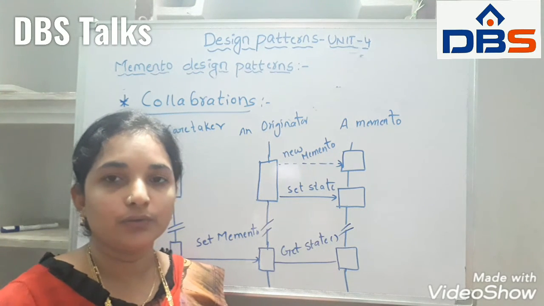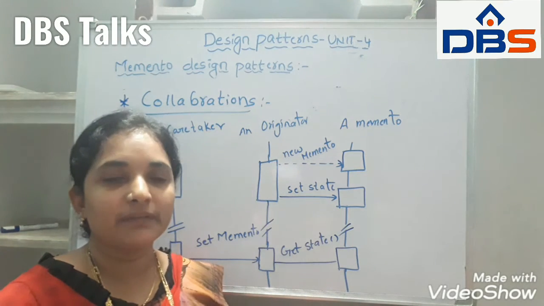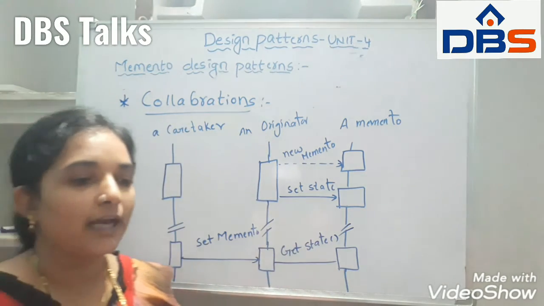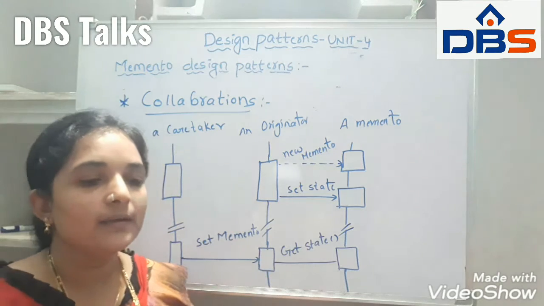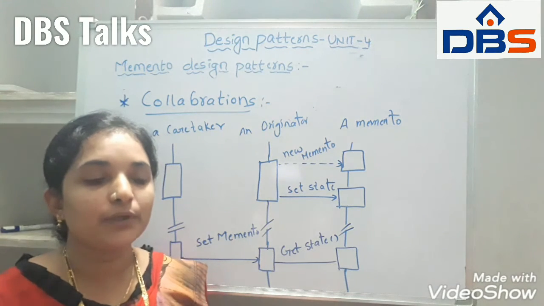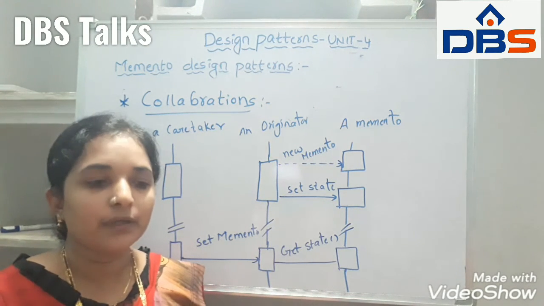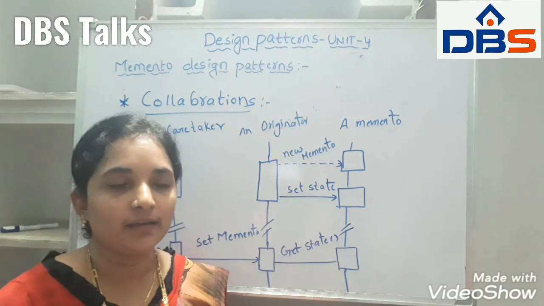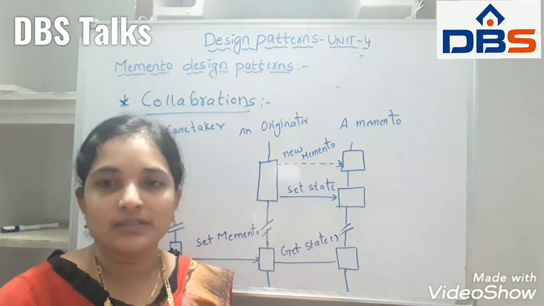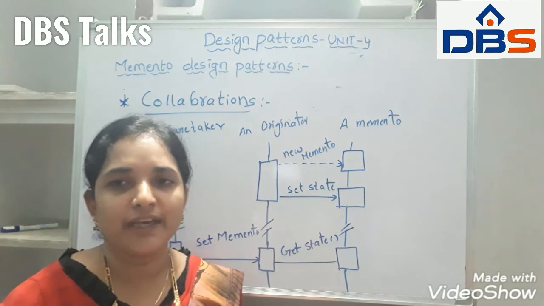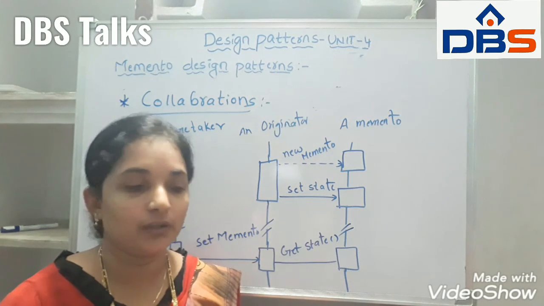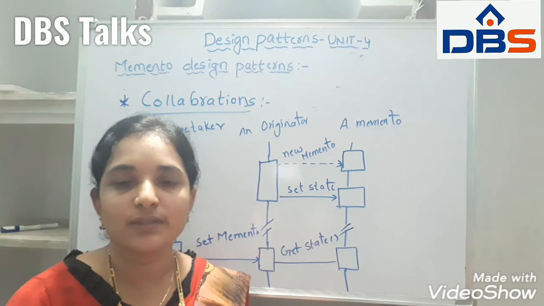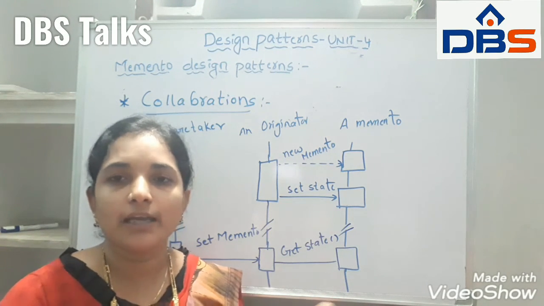In order to do that, our previous state of information will be available here. Sometimes the caretaker won't pass the memento back to the originator, because the originator might never need to revert to an earlier state. If the user thinks the information he is using is correct and perfect, he will move forward.